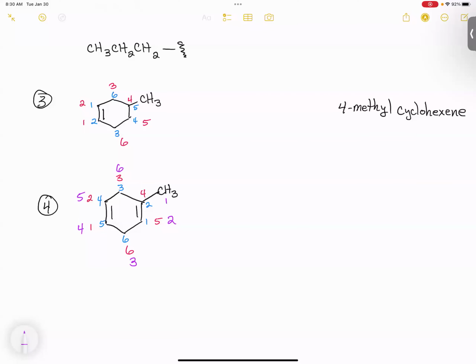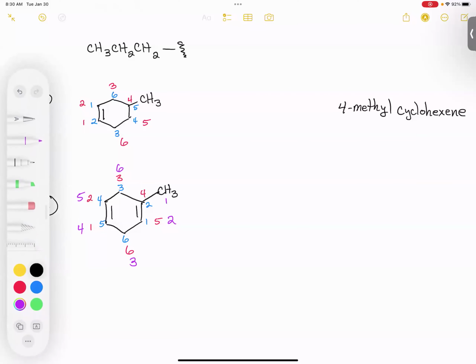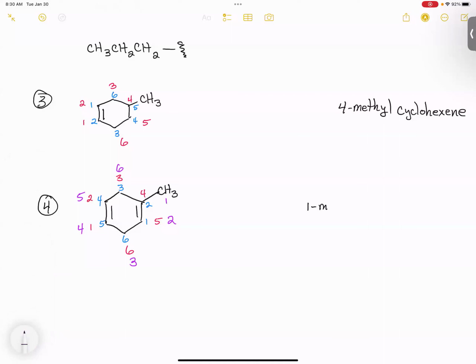So this one would be called 1-methyl-1,4-cyclohexadiene.